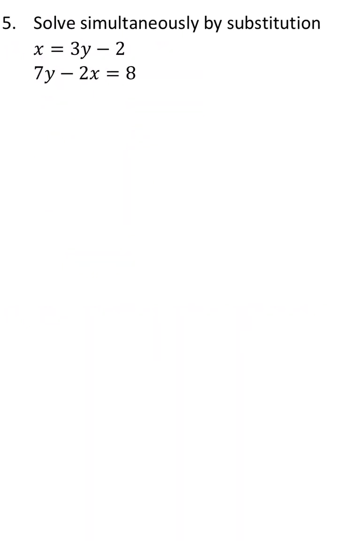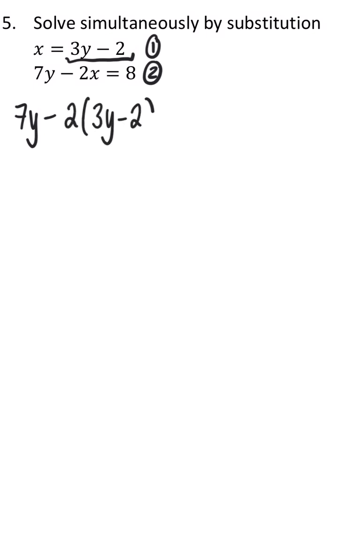Next question, we've got 2 simultaneous equations and we're told we are solving them using the substitution method. So I've got x is equal to 3y minus 2. I'm going to substitute that into this second equation. So 7y minus 2 lots of x, and x is 3y minus 2, substituted in there, it's equal to 8.